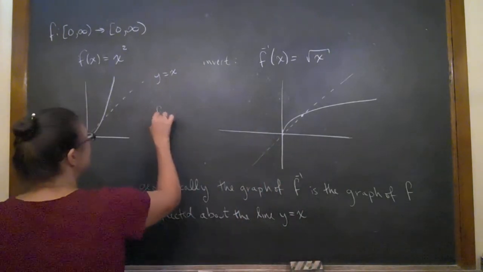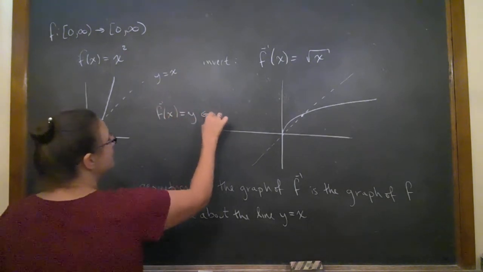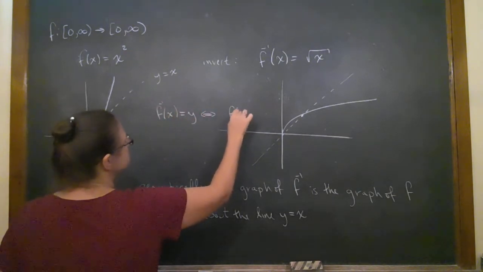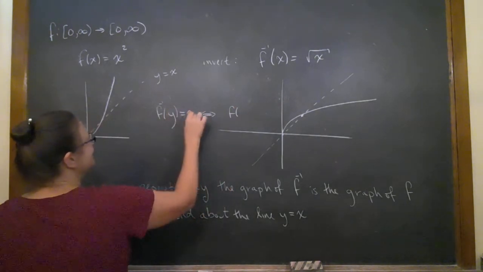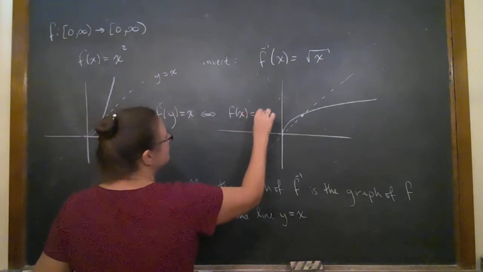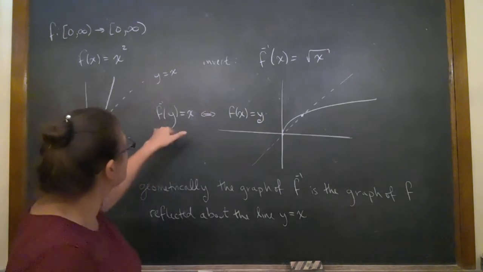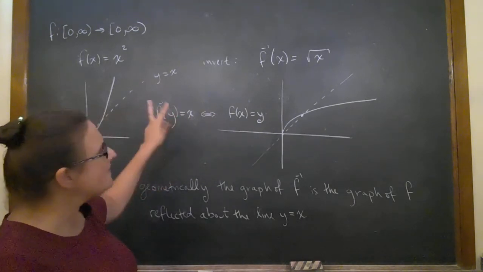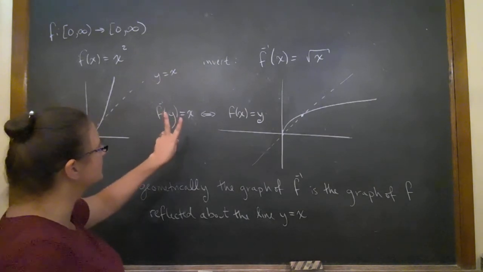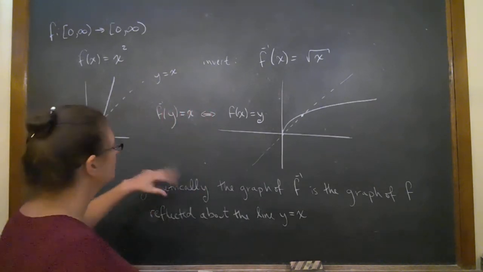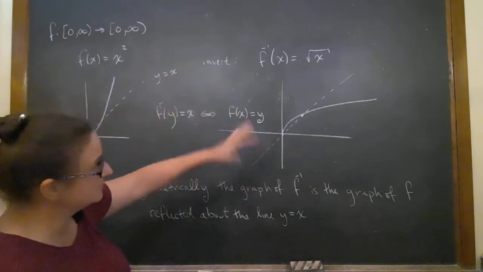Remember, we had f inverse of x equals y if and only if. Okay, I had it the other way, right? Okay, I had it this way. But you can write it the other way too, x, y, whatever, as long as it's consistent. So we're kind of swapping the roles of x and y, right? We're changing the x and y, and that's why geometrically it does this reflecting thing.